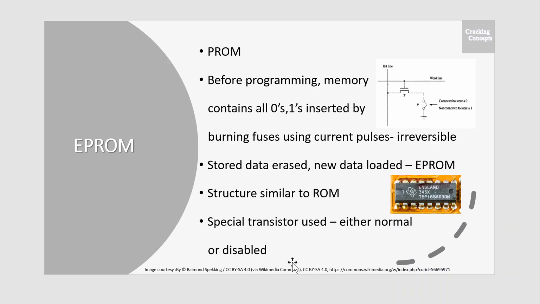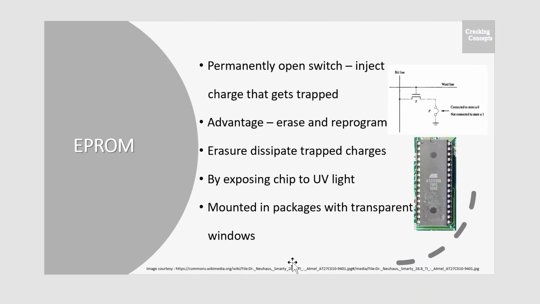This transistor can be programmed to behave as a permanently open switch by injecting charge into it that gets trapped inside. The important advantage is that their contents can be erased and reprogrammed.